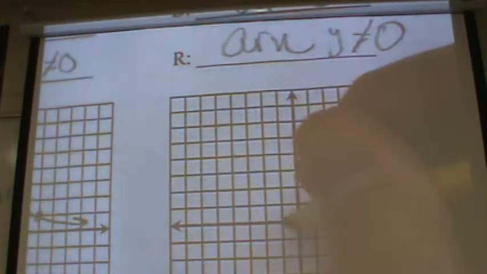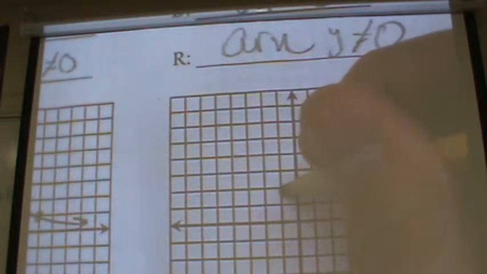Alright, so now you're going to graph it. It's a vertical stretch by 5. The negative is going to flip it into quadrants 2 and 4. And the one in quadrant 4.